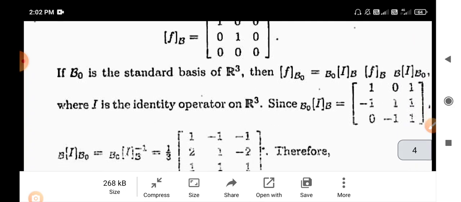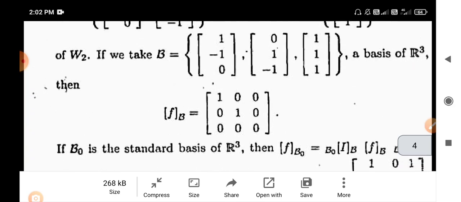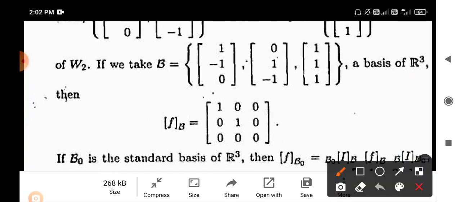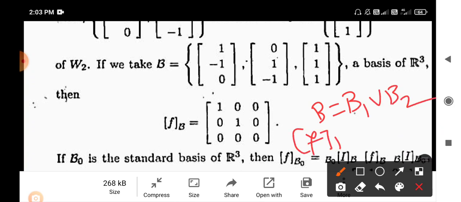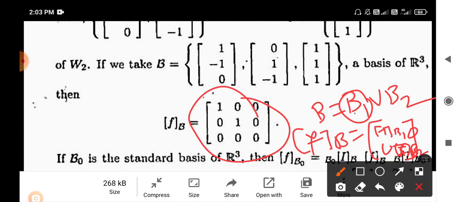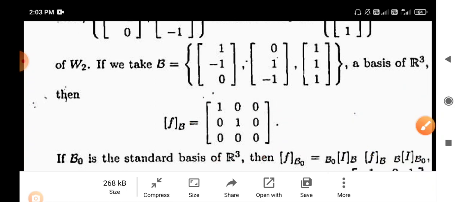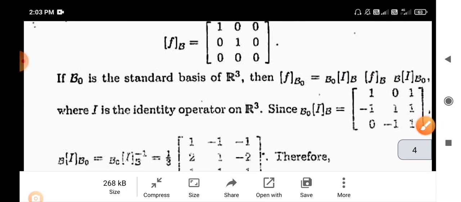Using the formula that if B equals B1 union B2, then the matrix of transformation corresponding to B can be written as the matrix of transformation corresponding to B1, the matrix of transformation F corresponding to B2, and otherwise 0.